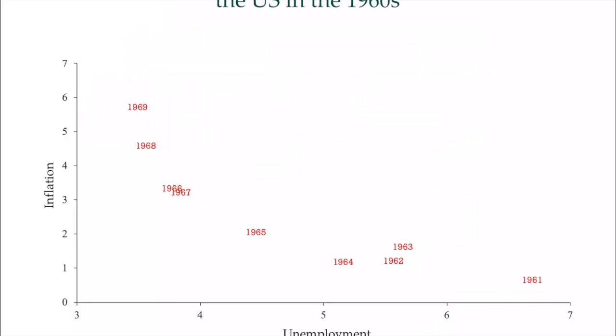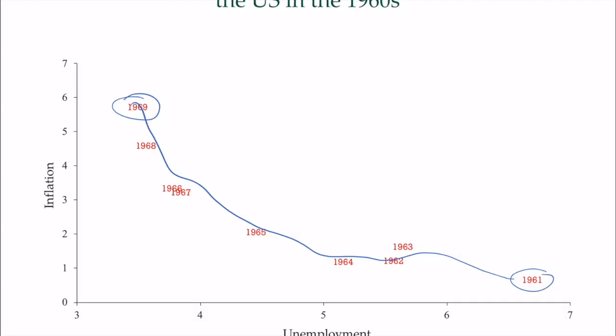Now we're going to look at a case that is the US economy in the 1960s. Here we have the US economy going all the way from 1961 to 1969, and if one follows the years, we can see a very nice pattern that resembles very much the Phillips curve concept.